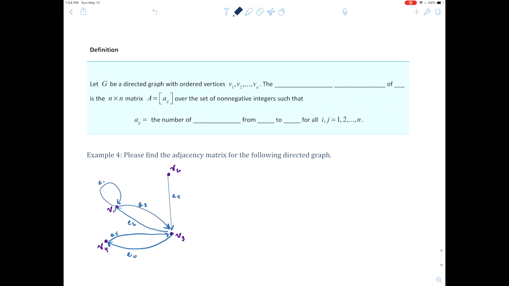Okay, so now we have another definition. Let G be a directed graph with ordered vertices V1, V2, all the way down to Vn.